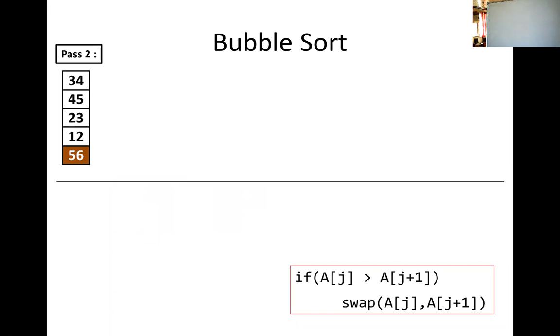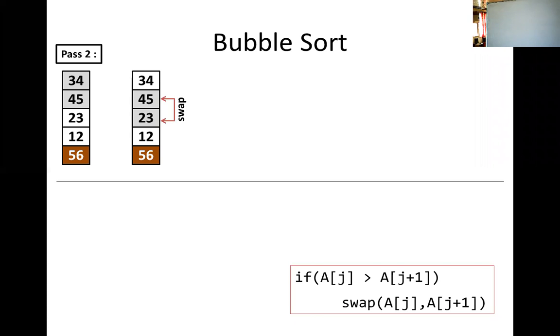Now in the second pass, 34 and 45: 34 is less than 45, so there is no need for swapping. Then next, 45 is greater than 23, so they need to be swapped. So we will be swapping. See how this is performed. 23 will be swapped with 45.